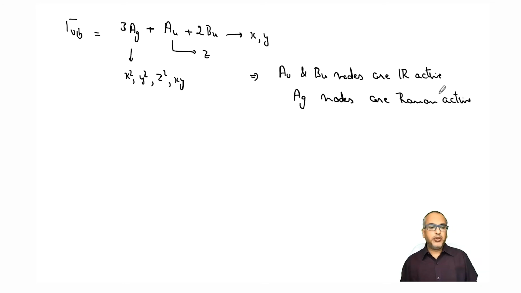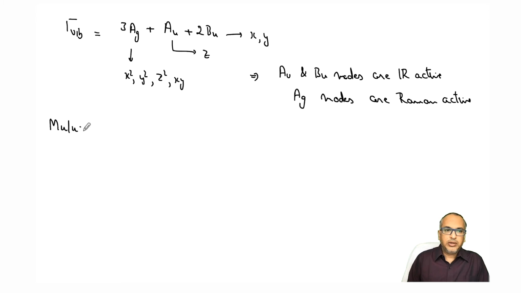So now there is a mutual exclusion between IR and Raman. Whatever modes are IR active are not Raman active, and whatever modes are Raman active are not IR active. So this is very important in IR and Raman spectroscopy. So what is this mutual exclusion rule?